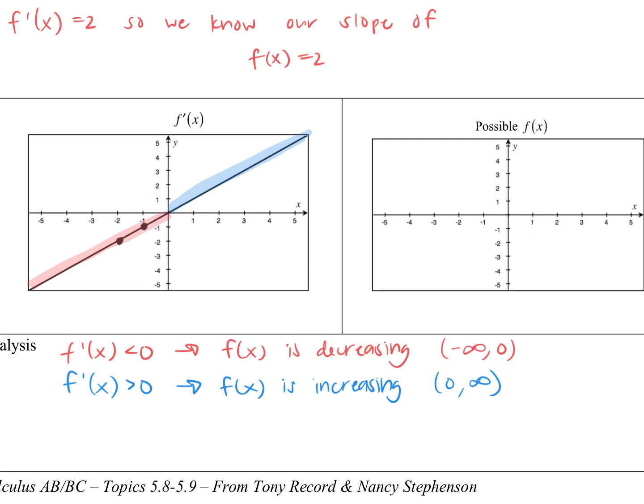So if I look here at my second derivative, f double prime of x, is that greater than 0 for the entire interval? You betcha. So it's greater than 0, meaning that f of x is going to be concave up on the interval from -infinity to infinity.